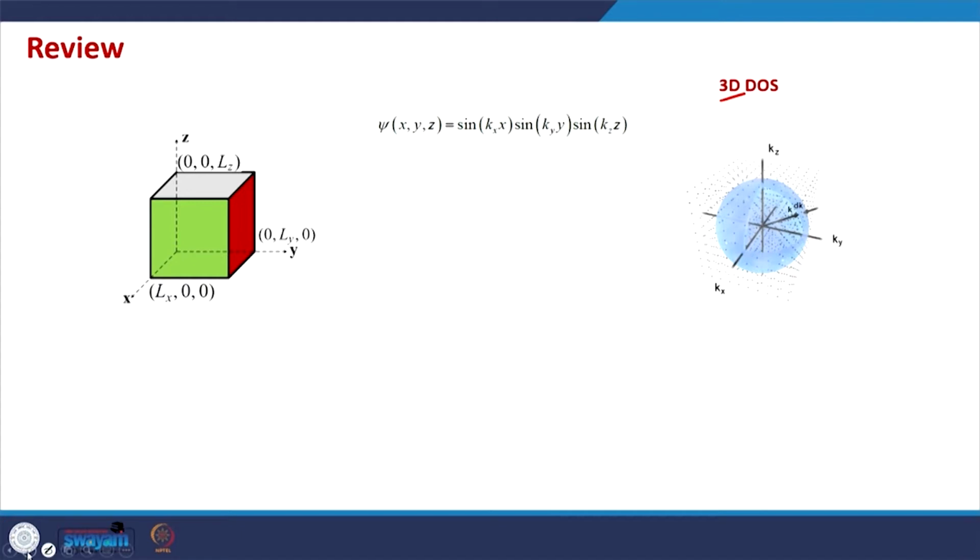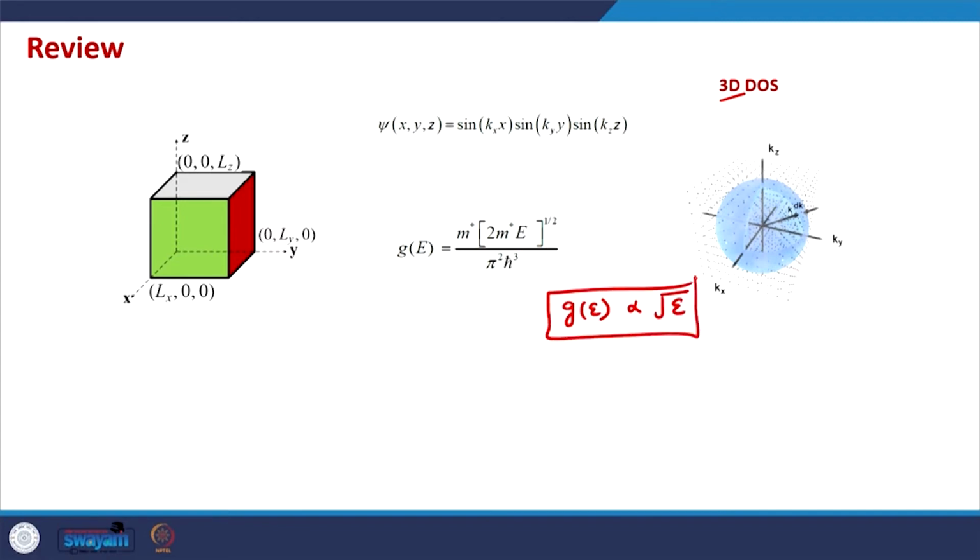So, this is what we concluded about the 3D density of states, that the density of states in 3D solids is directly proportional to the energy value, and there are certain approximations that we make. Those approximations are not unrealistic, they are fairly reasonable approximations, especially at the top of the valence band and at the bottom of the conduction band.